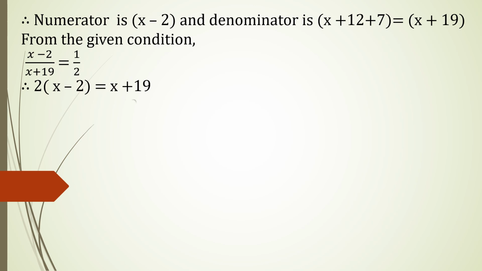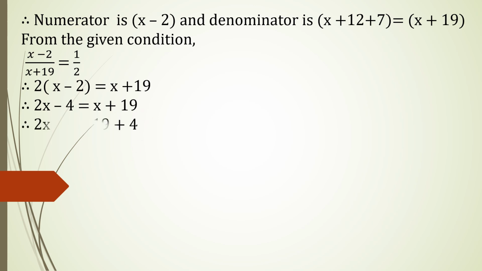We'll open the bracket. So next step, 2 into x is 2x, then 2 into minus 2 is minus 4, equal to x plus 19. Now we'll bring variables to one side and the numbers to the other side. So when this x will come to the left hand side, it will become 2x minus x, and when this 4 will go to the right hand side, it will become 19 plus 4.